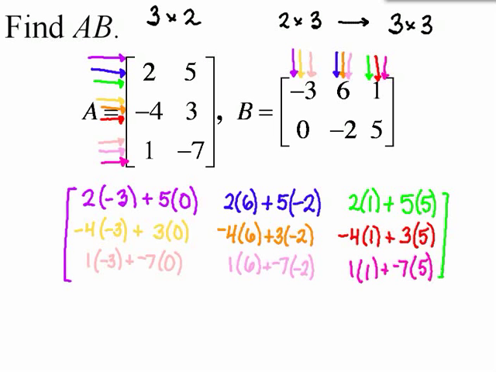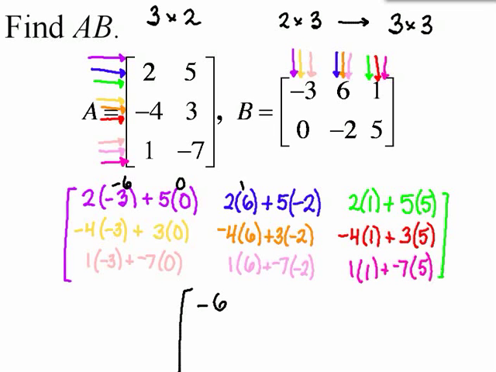Now what we need to do is actually calculate what all of those are individually. Let's start with the first one. 2 times -3 is -6, plus 0, which is -6.